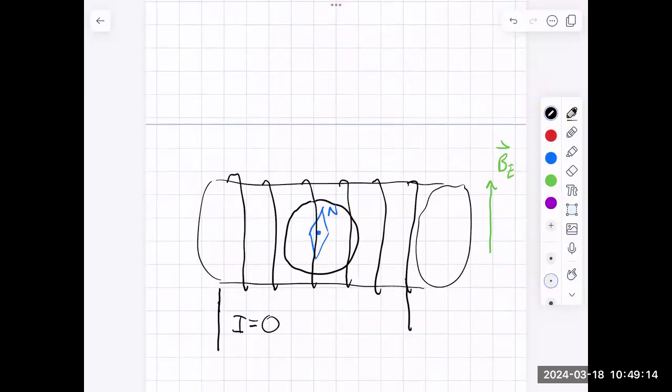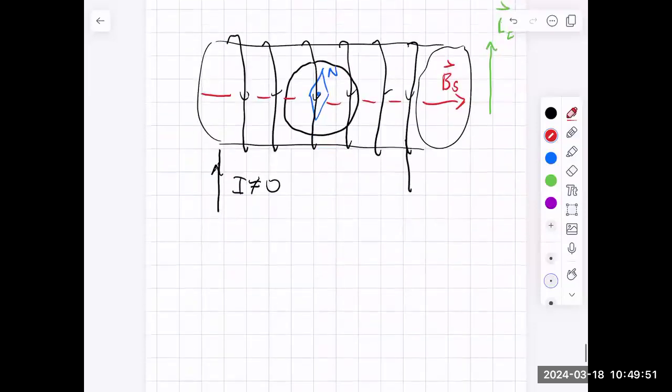All right, so now we make the current not equal to 0. So we have a current coming along like this. And what's going to happen now is we're going to create a magnetic field in the center of the solenoid. So now at the position of the compass, there's a magnetic field due to the Earth, which in our picture is drawn vertically, and a solenoid field that is pointing to the right in our case.